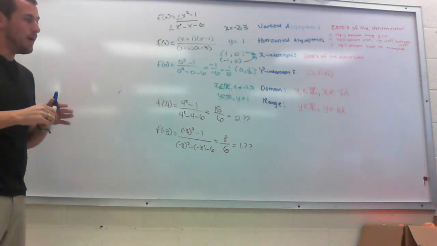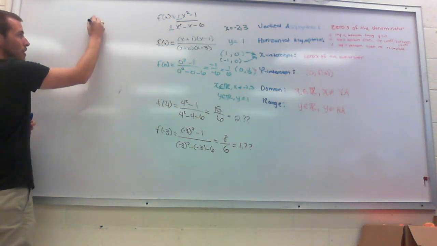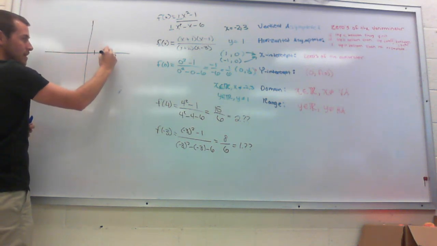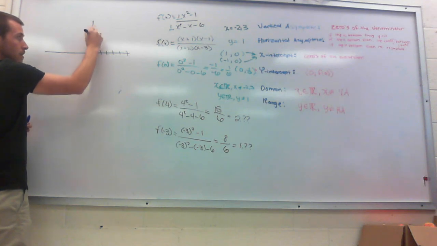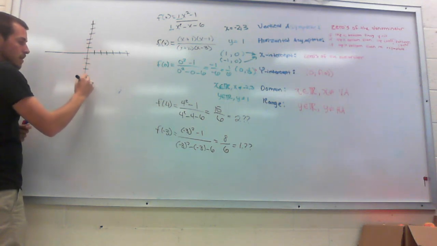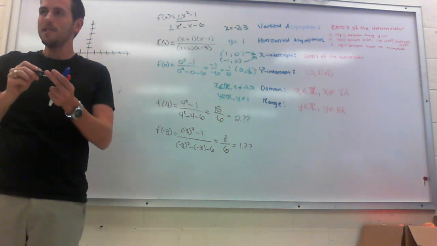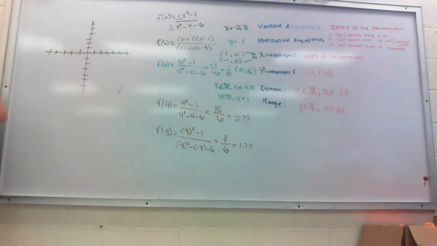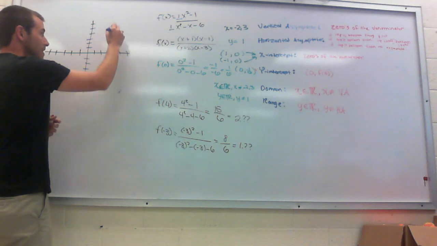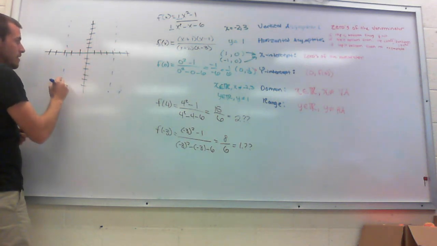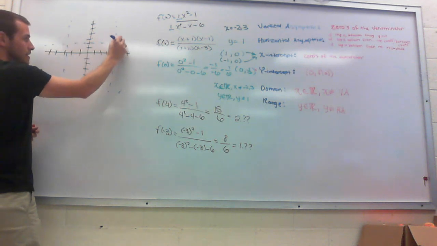What worked really well with that problem was that we were able to tell that it was a parabola inside just based on the intercepts. And so I'm going to go ahead and create some asymptotes that kind of look like my last problem. I'll create something like this, like that, and like that.